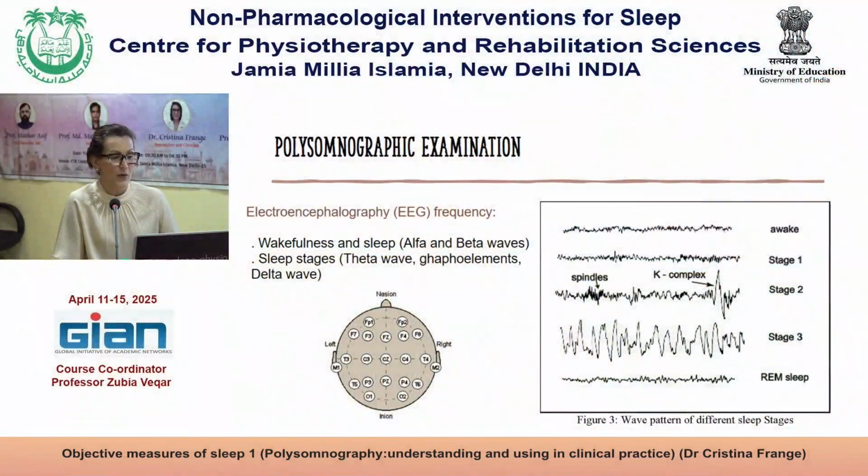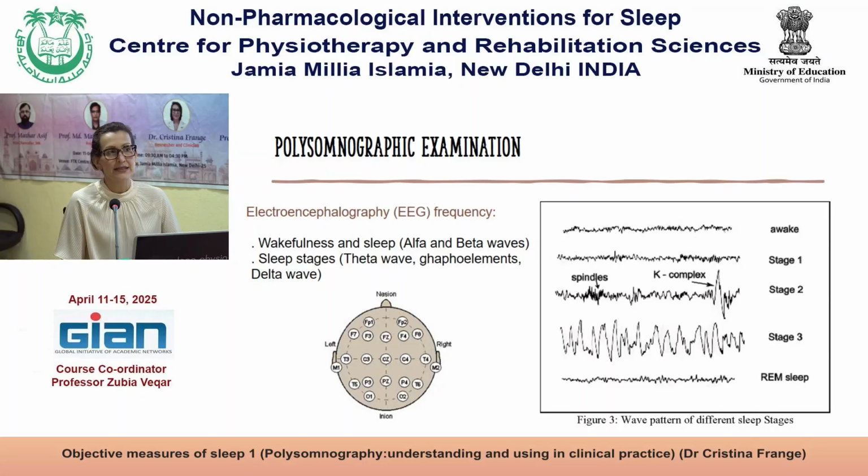So the first variable is the EEG. The EEG is able to tell if you're awake or if you're asleep because of its waves. And then we have all those sleep stages that we talked about. These two stages, REM and non-REM, and N1, N2, and N3.